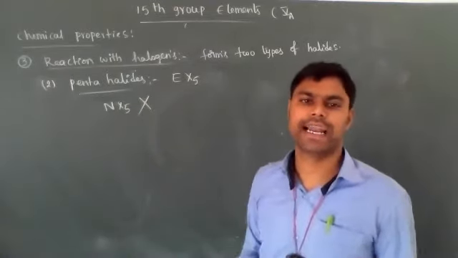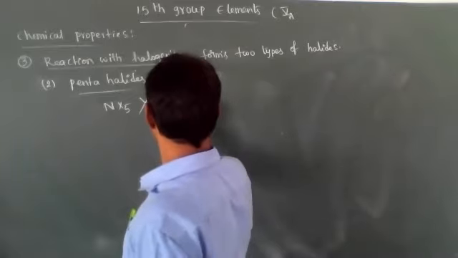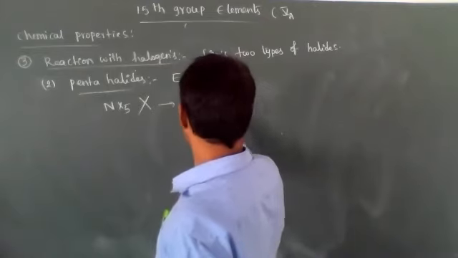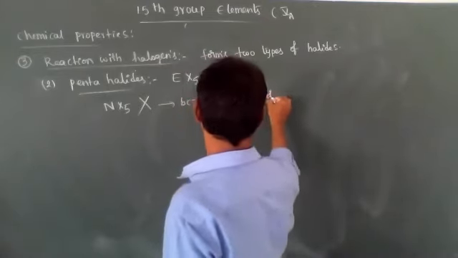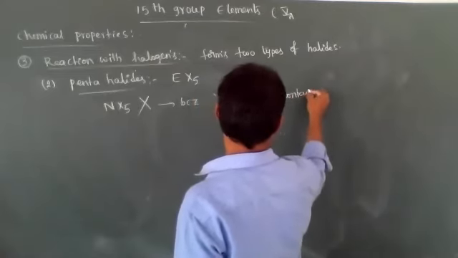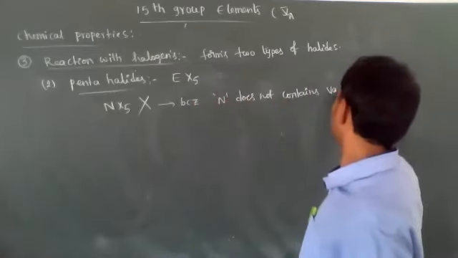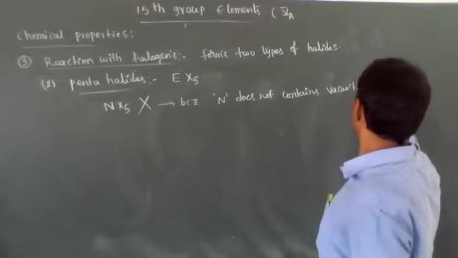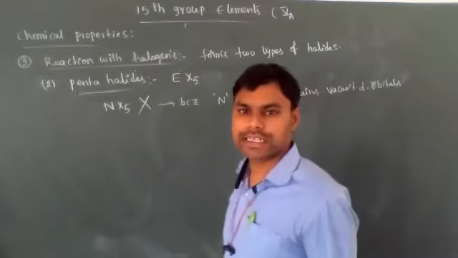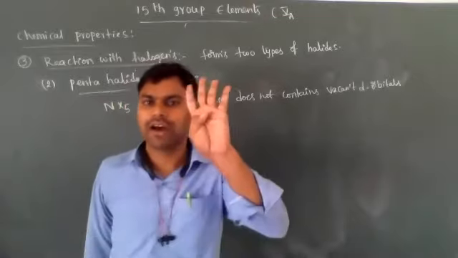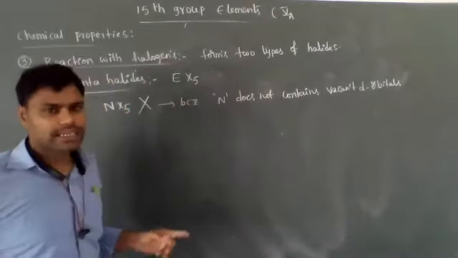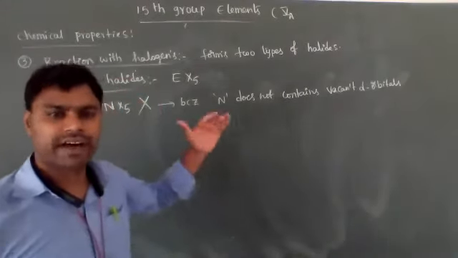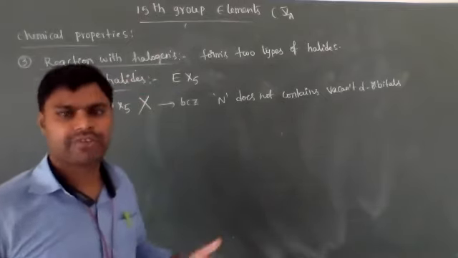Nitrogen does not form pentahalides because nitrogen does not contain vacant d orbitals. Already we know that; that's why the maximum covalence of nitrogen I said is 4. But nitrogen trihalides, with covalence 3, exist. But nitrogen pentahalides never exist, either NF5, NCl5, or NBr5.